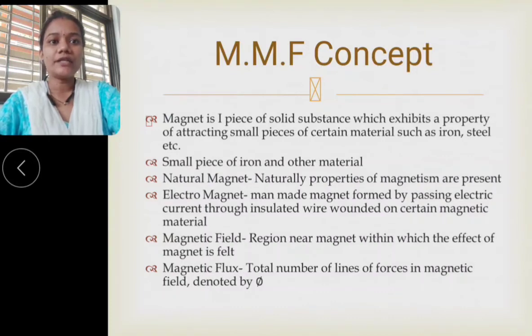The magnetic field is the region near a magnet within which the effect of the magnet is felt. The next is magnetic flux. The total number of lines of force in a magnetic field is denoted by phi, and is called magnetic flux.